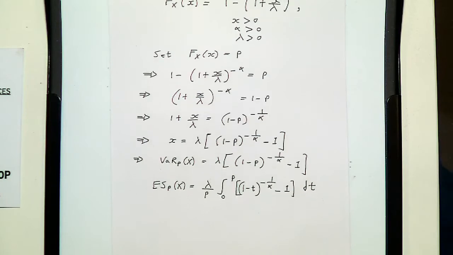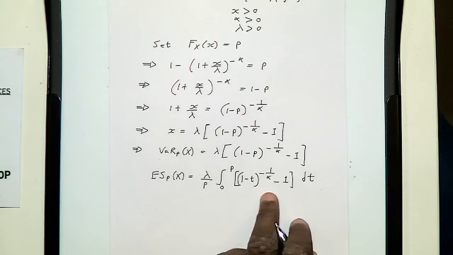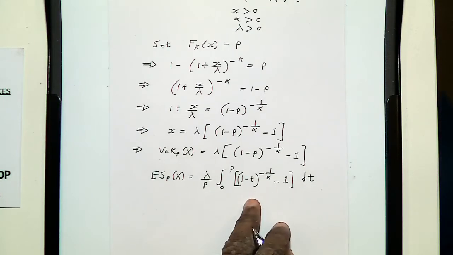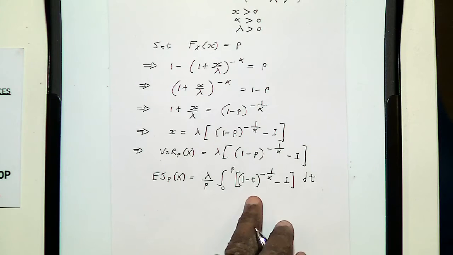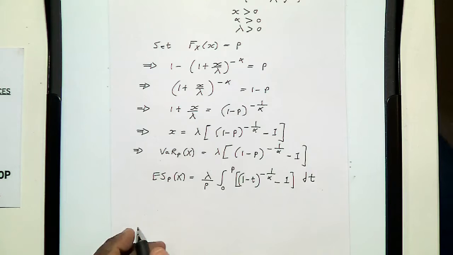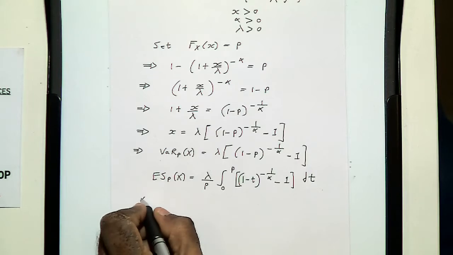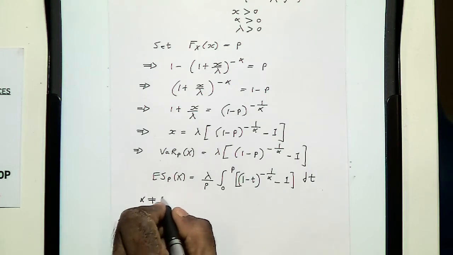Now once again you need to consider two different cases for integration, because if alpha is 1, what you have here is 1 divided by 1 minus t, whose integral is a log function. So let's first consider the case that alpha is not equal to 1.